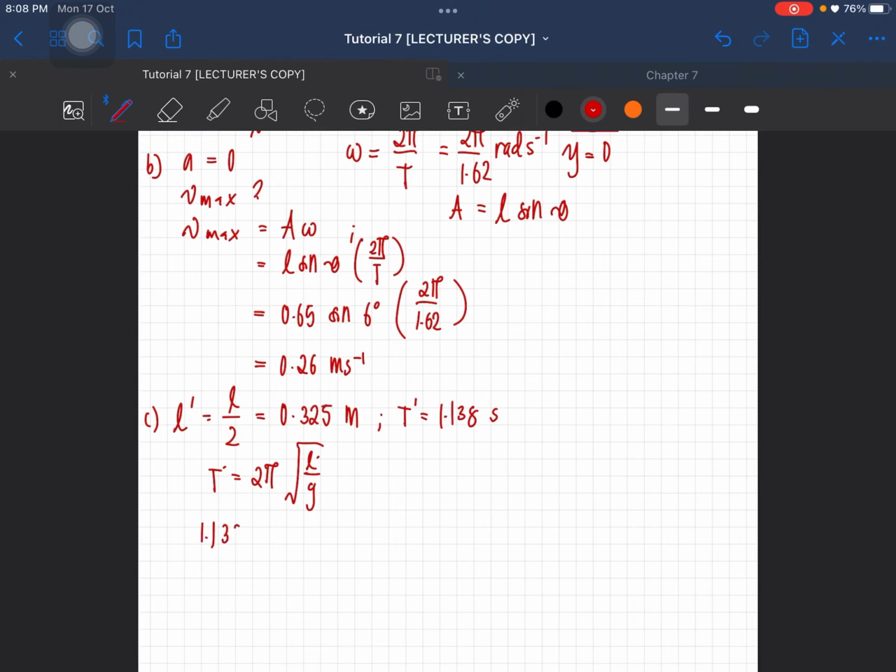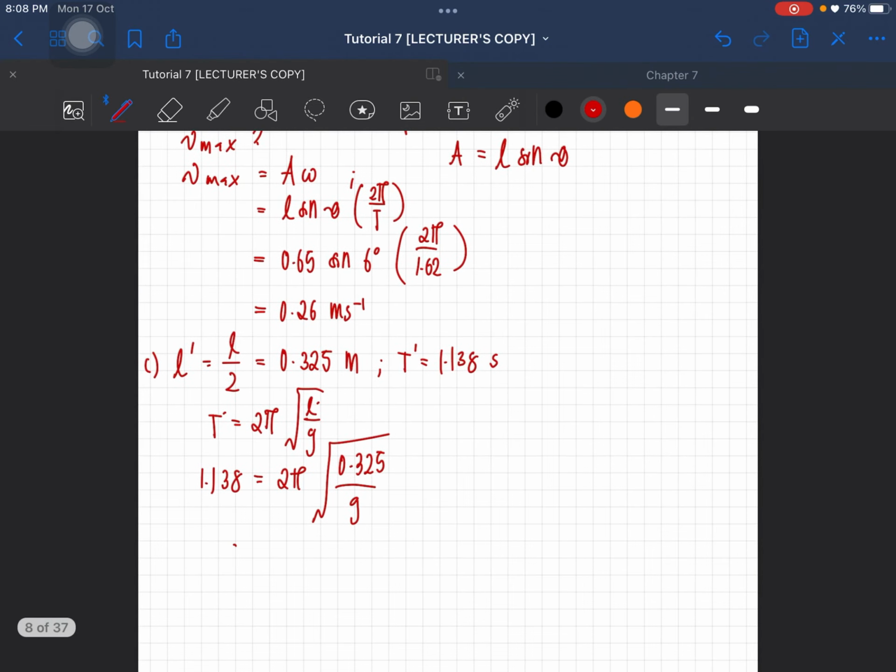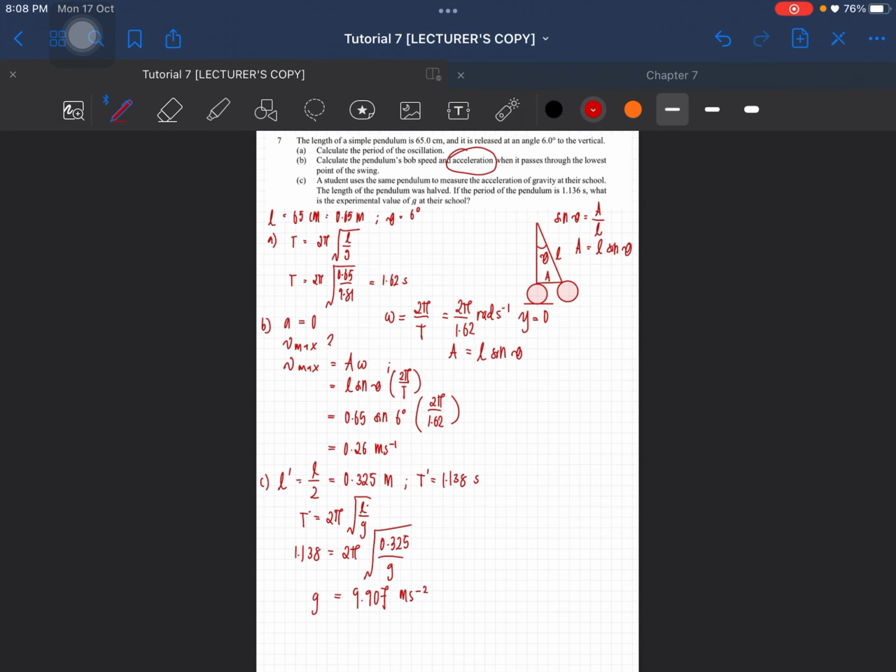T is 1.138, 2 pi, L is 0.325 over g. Then you rearrange, and you will get g equal to 9.907 meter per second squared. Okay, so that is question 7.